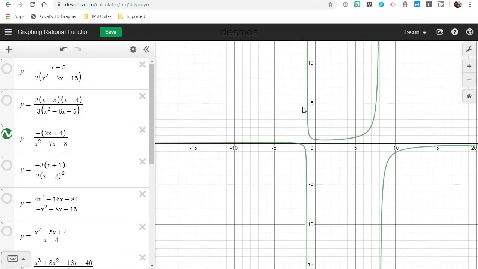It is probably beneficial to show you this graph on Desmos just to show you what's actually happening. As we approach infinity for x, the function does approach 0. And then we have this asymptote at x equals 8. The function then hits (0, 1/2) and goes up toward infinity at x equals -1.